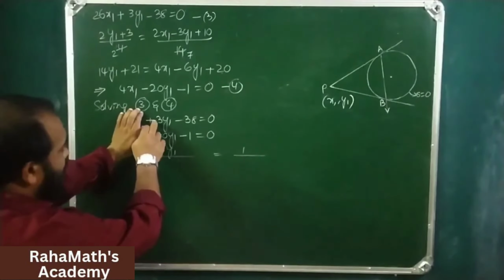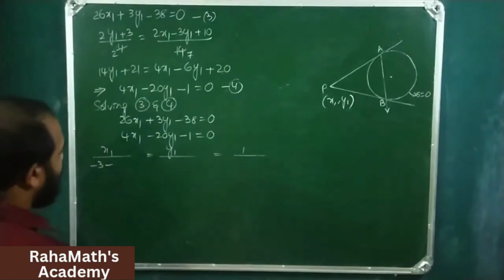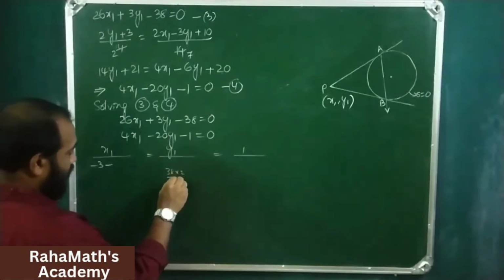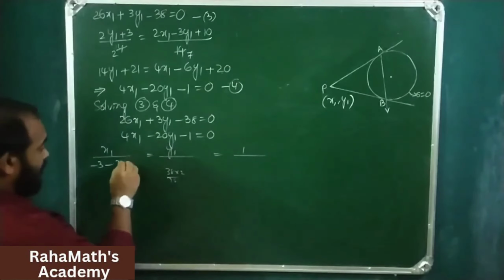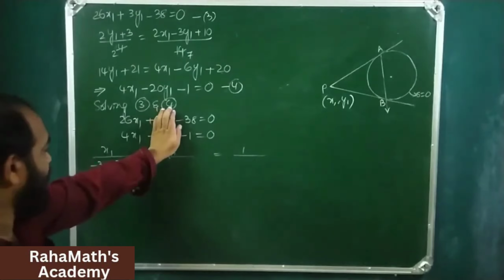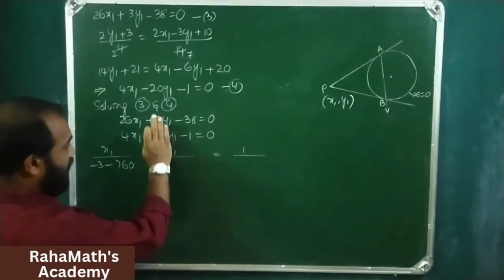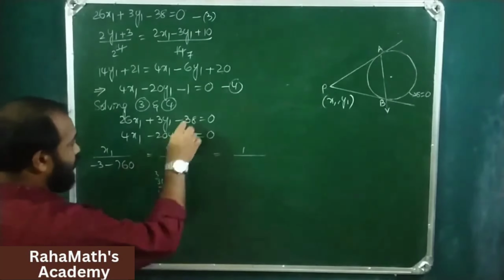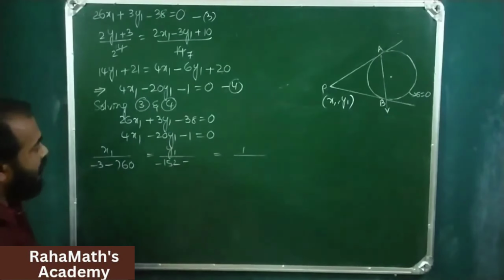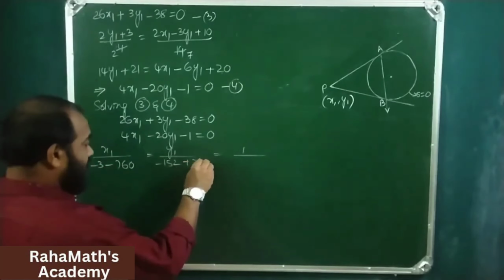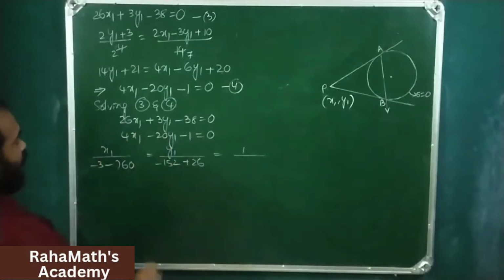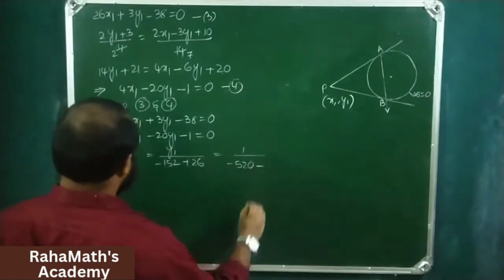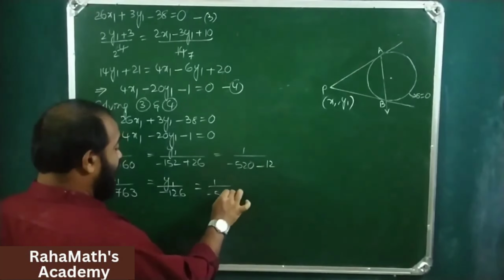So x1 by 3 into minus 1, so minus 3 minus minus 38 2s, 76, so 76 minus... y1 by 38 into 4, 38 14s, 152, so minus 152 minus 26 into minus 1, so plus 26. 1 by 26 into minus 20 is minus 520 minus 4 3s are 12, minus 532.